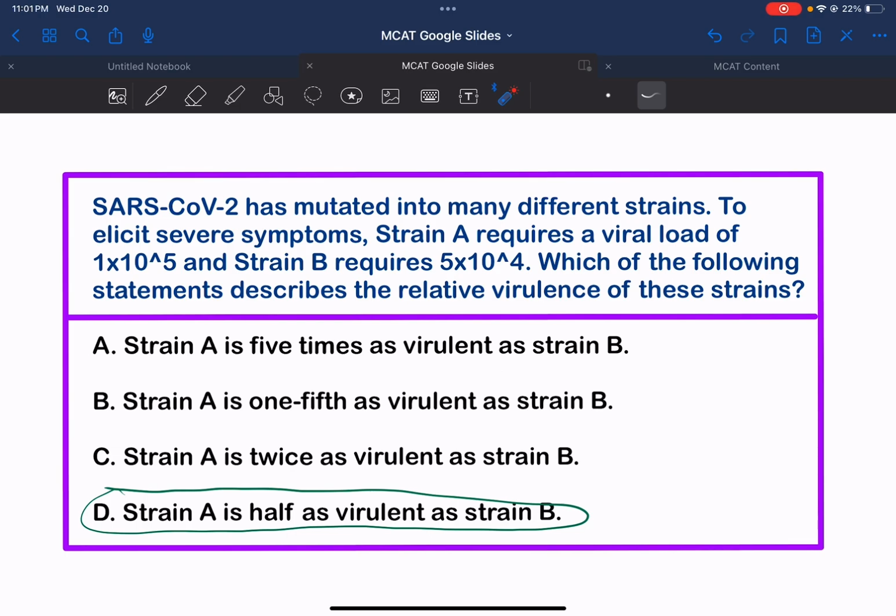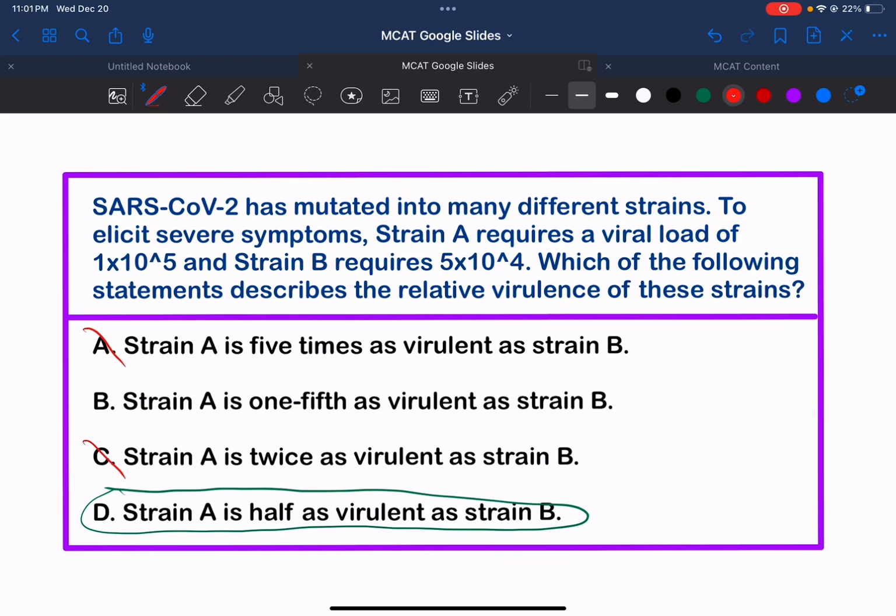Like I say, you got to be comfortable with your scientific notation. So with that being said, since strain B is much stronger, we can get rid of 2 choices off top. That is, strain A is 5 times as violent as strain B. Get rid of that. And then strain A is twice as violent. We can get rid of that off top. It's not stronger than strain B, period.